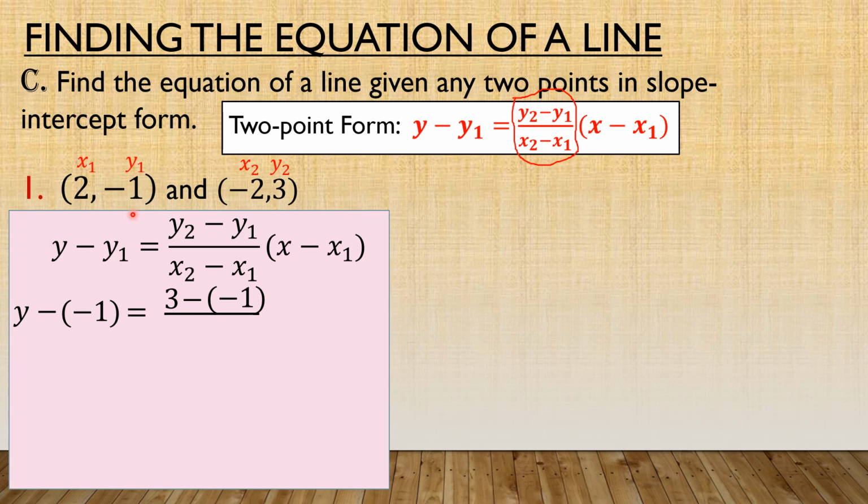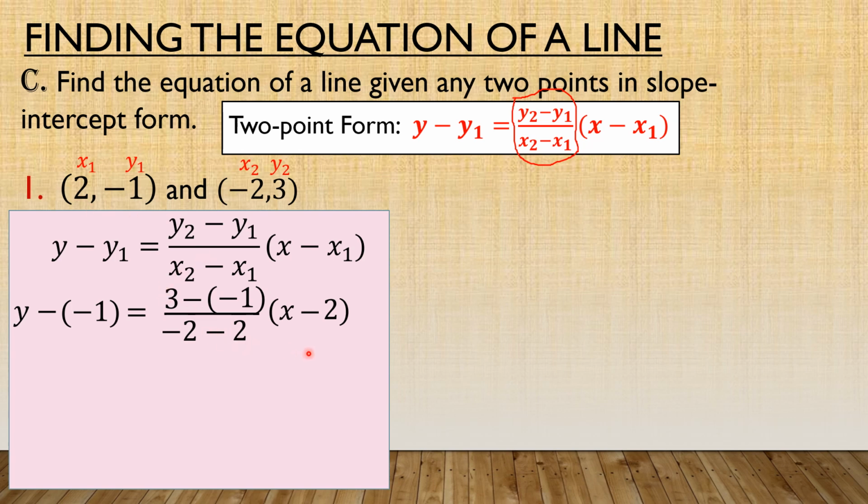All over, ang x sub 2 natin ay negative 2. So, negative 2 minus, ang x sub 1 natin ay positive 2. Times the quantity x minus x sub 1 din. So, minus x sub 1 which is 2. Okay? So, ganyan lang po siya kasimple.